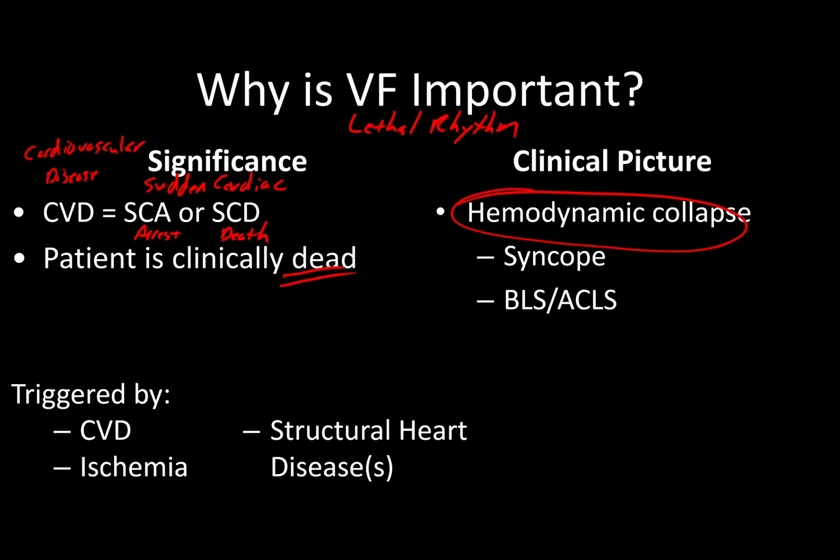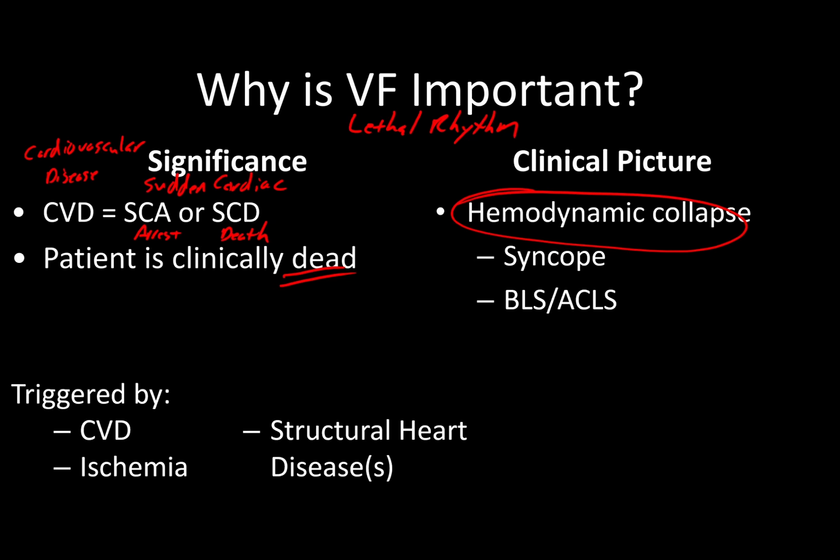How does it happen? What did this all come about from? Well, they almost always have underlying cardiovascular disease, because it requires a heart that has already weakened, that one more additional insult is enough to push it over the edge and go into VFib.